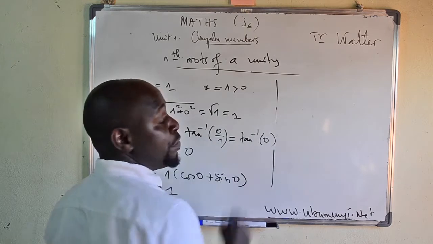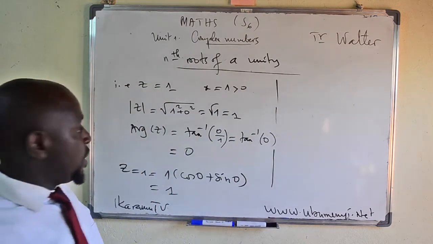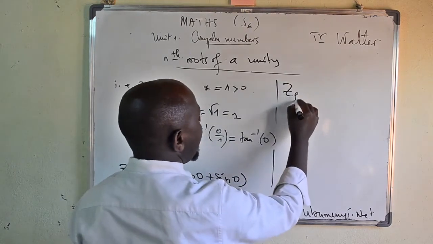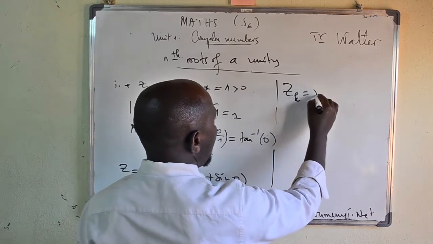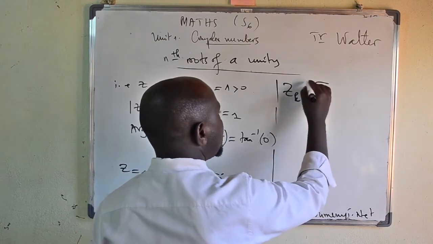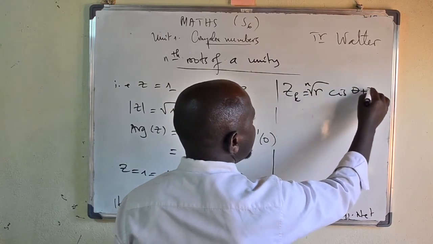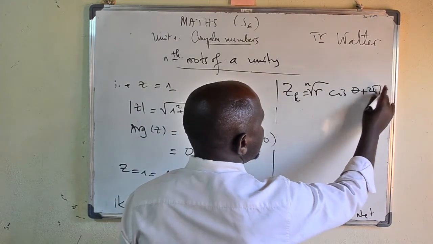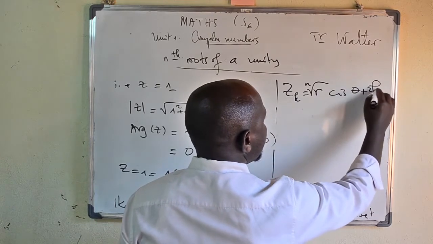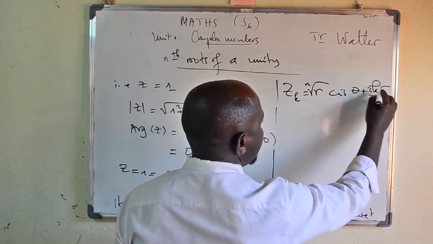We know the formula for the nth roots of any complex number. We know that zk equals the nth root of r, times cis of theta plus 2k pi over n.